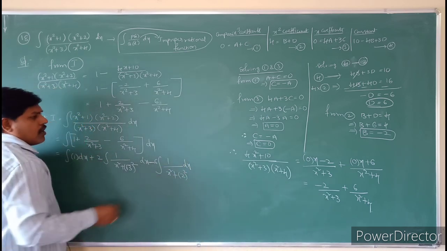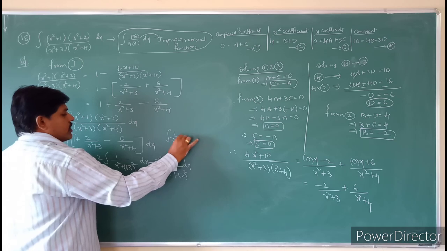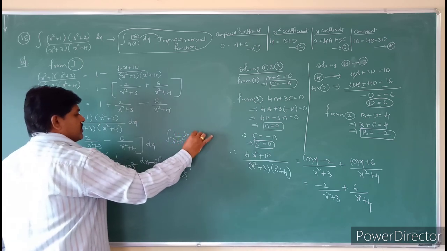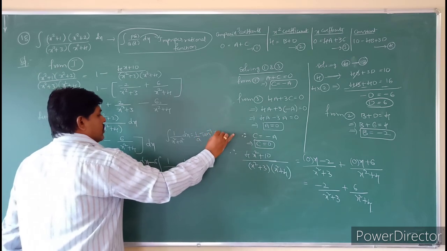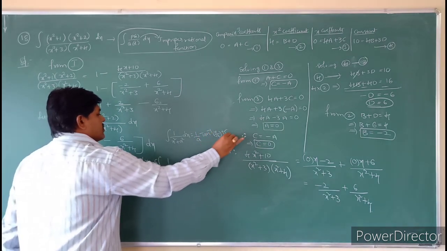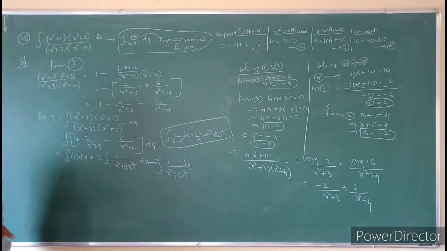What is the formula? The integral of 1 by x square plus a square into dx is 1 by a into tan inverse of x by a plus c.